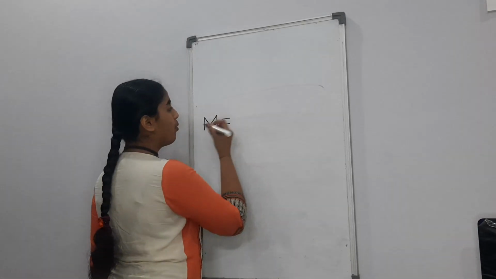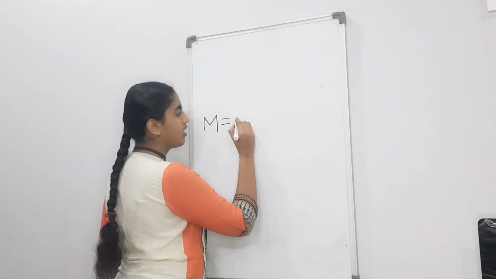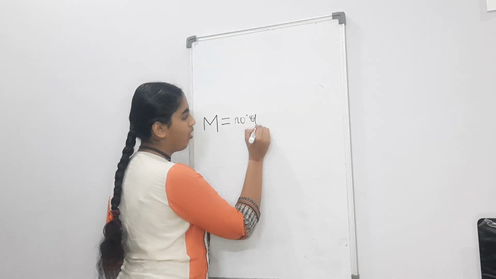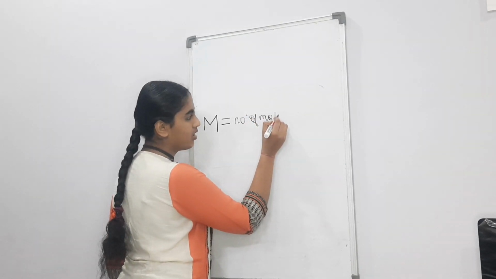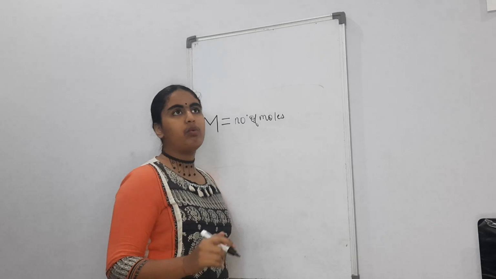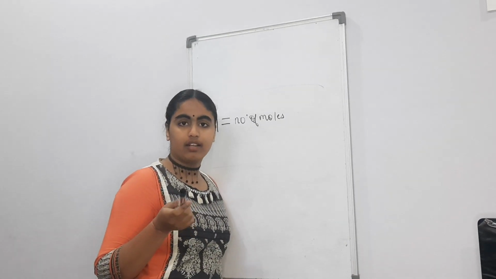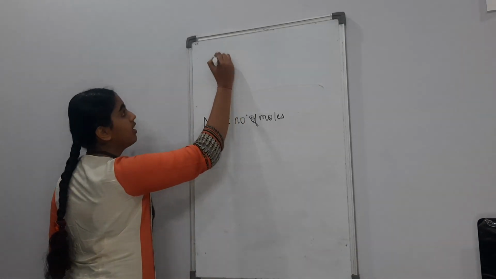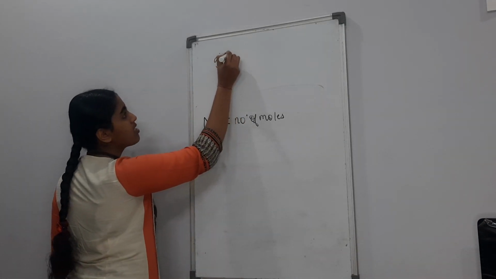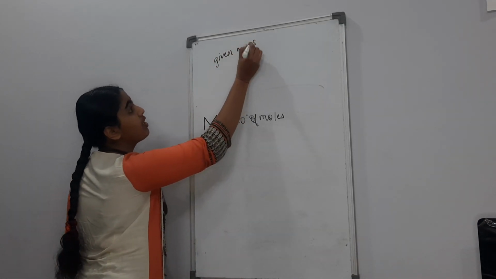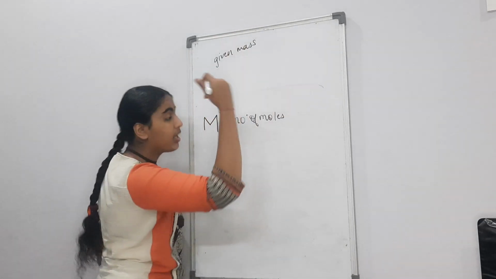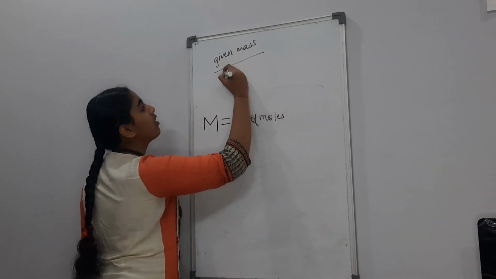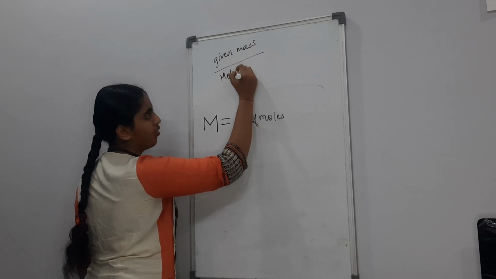Now molarity, capital M, is number of moles. Before I go forward, do you know how to calculate number of moles of a substance? It is basically the given mass of the substance, which is given to you in the question, upon the molecular mass that you already know.